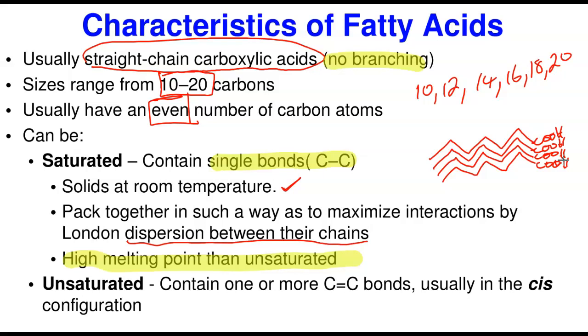The unsaturated fatty acids, on the other hand, contain at least one or more carbon-to-carbon double bonds, and usually of the cis configuration. The naturally occurring ones exist as only the cis configuration, and this has some consequences.